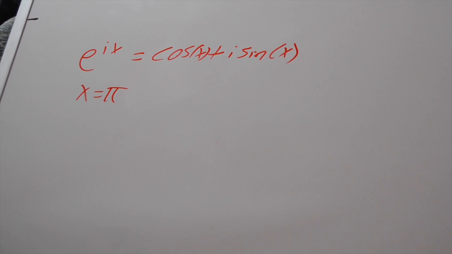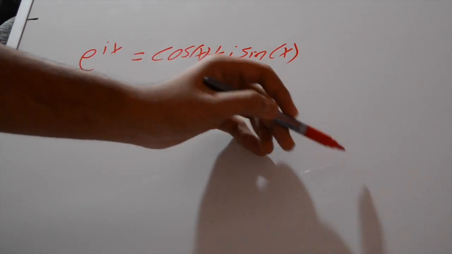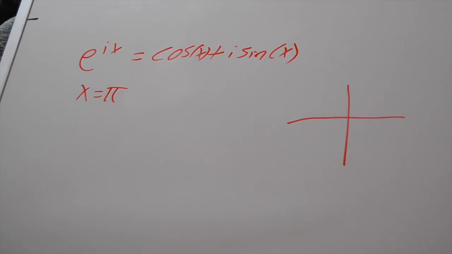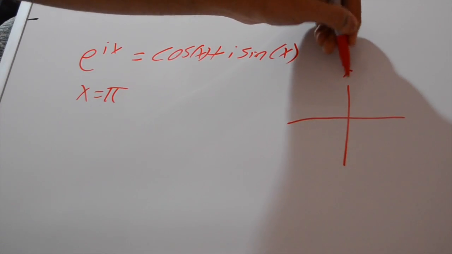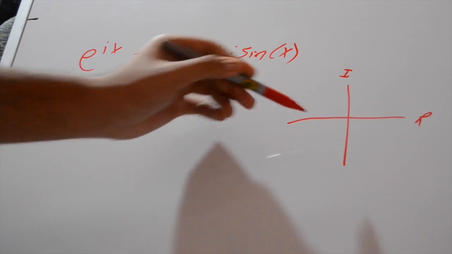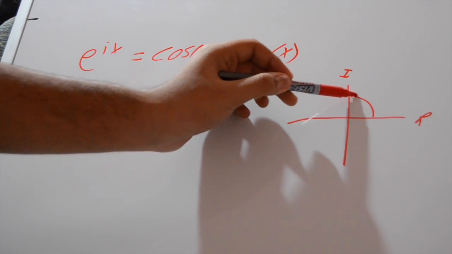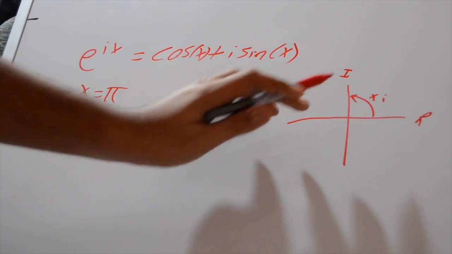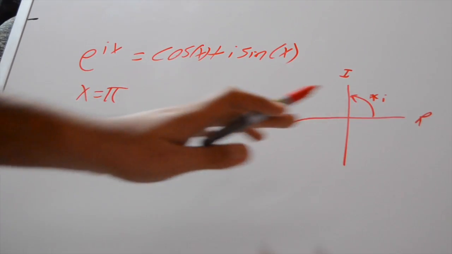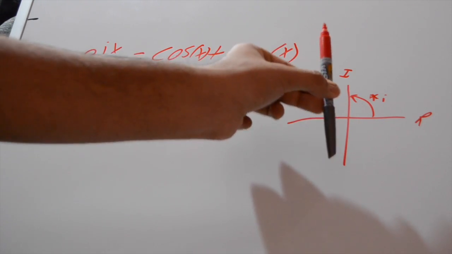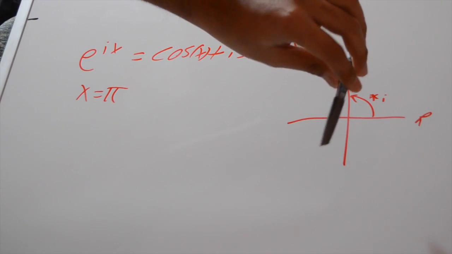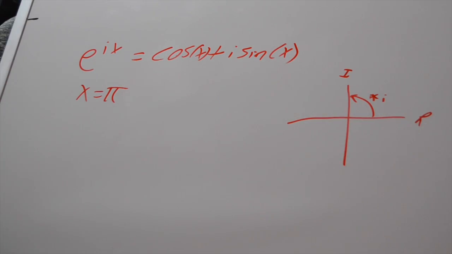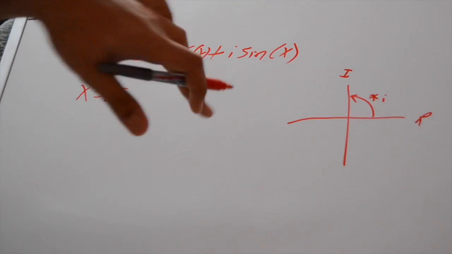In the complex plane, the consequence of multiplying by i is that if you have a graph, and we'll say this is the imaginary axis, this is the real axis, you rotate by 90 degrees every time you multiply by i. If you multiply by i, you rotate by 90, multiply by another i, and you get 180. So that is what we're going to do here, 180.